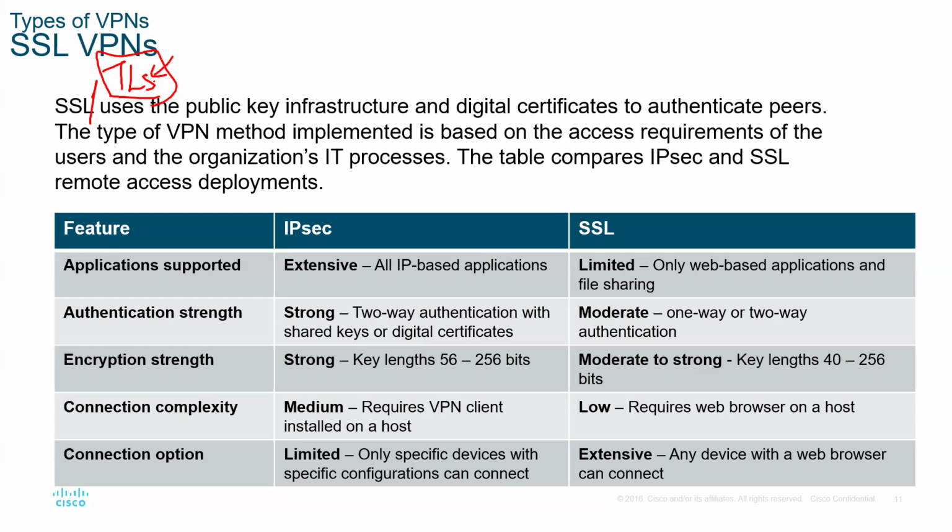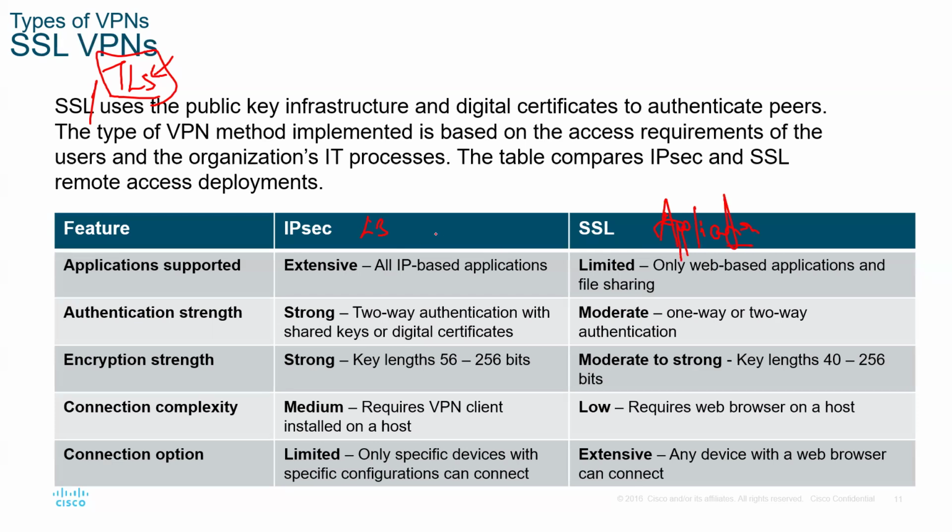For example, if we take a look at the layers in terms of the OSI model, IPsec operates at layer number 3, the network layer. SSL operates at the application layers, let's say 5, 6, 7.